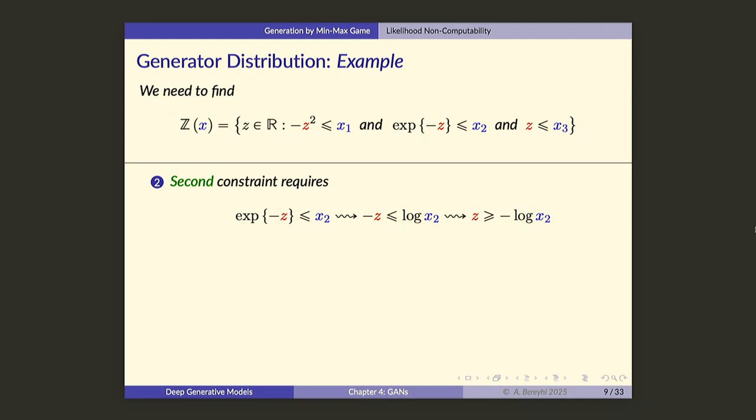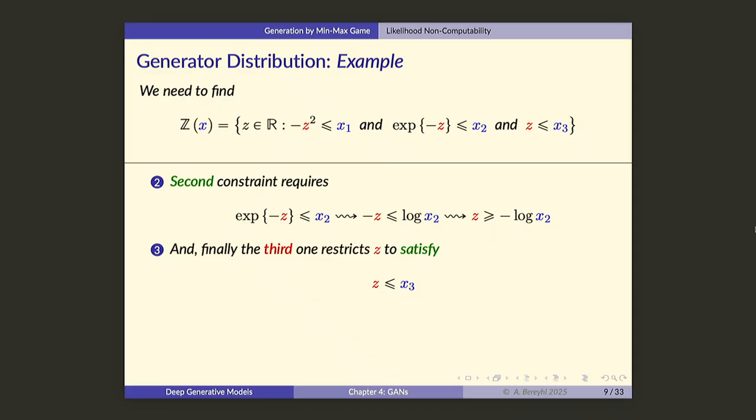Now, if you want to combine this guy with the previous one, what's going to happen? So you're not going to have these guys anymore, right? Anything here or anything here is going to still satisfy what you want, right? So this is going to be your z set up to this point. And the last thing is the third constraint, which itself is already well formed, right? z should be smaller than x3.